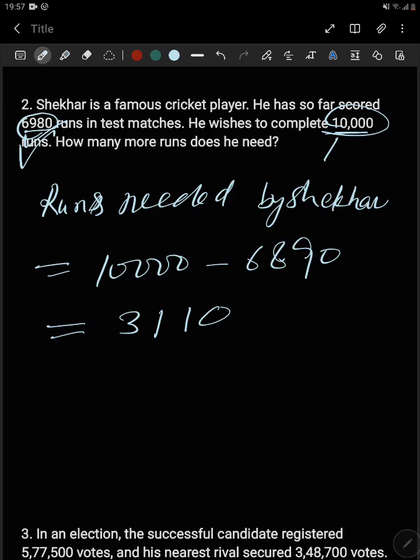Okay, so sorry, this is 69. So the answer will come here as 3010. Oh sorry, this digit is also 8. Anyway, so 6980. Let me erase some part, and this one also. So it is 6980.